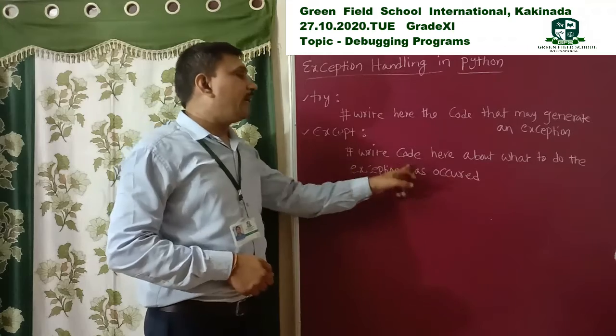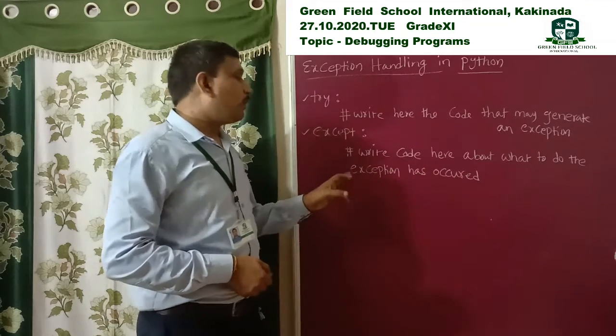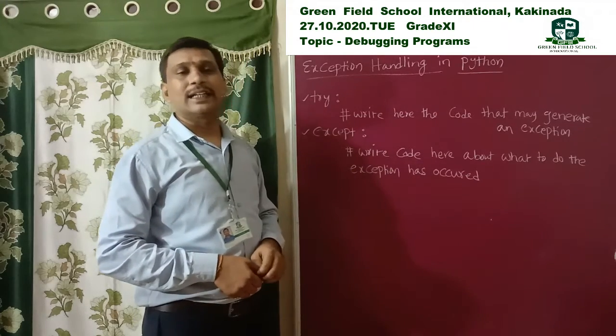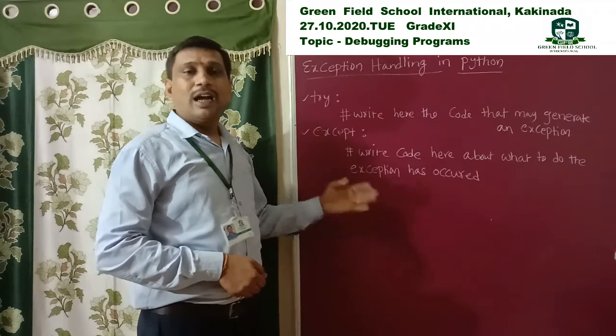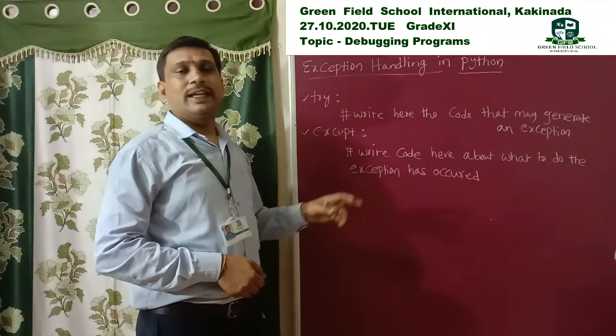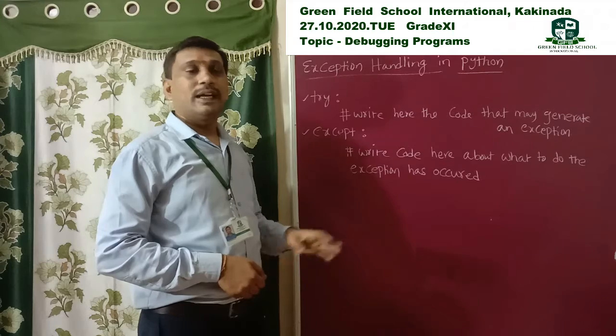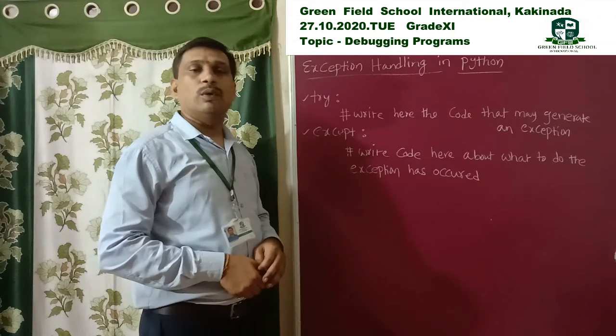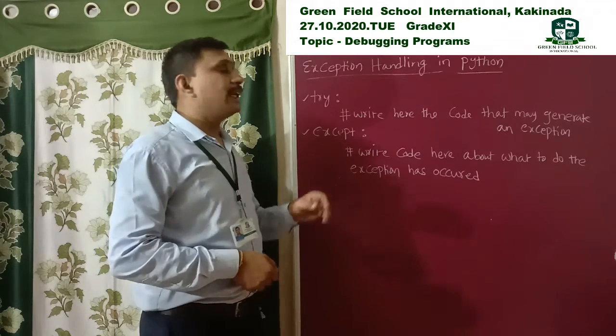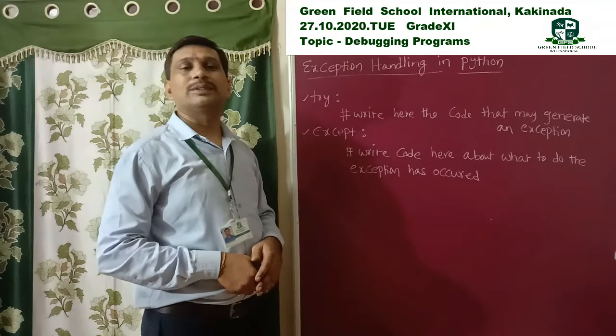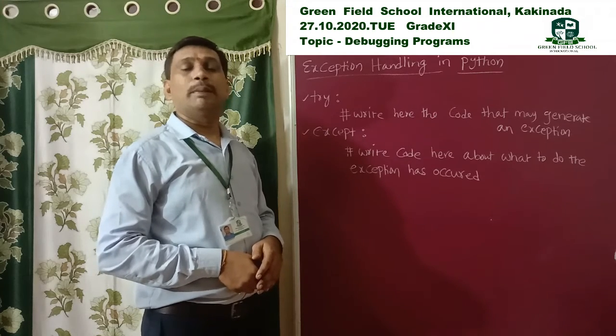That's why we write some code here about the exception that has occurred, and the handling of that exception is done in this code. This is the general syntax of exception handling in Python.